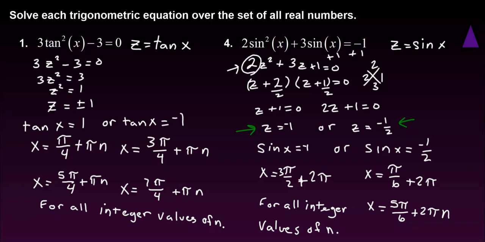And so I showed you on the unit circle that sine of x is 1 at the top, so if we shift to the bottom of the unit circle, which is 3 pi over 2, that's when sine of x equals -1. Looking at the -1/2, made the same mistake there. Okay, so let's just jump to the unit circle real quick.